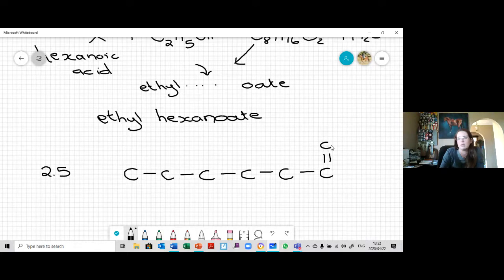So double bond O. Always remember to show the bond between the oxygen and the hydrogen, please. Okay, so I've now drawn hexanoic acid. All I have to do is count to 4 and add the hydrogens.